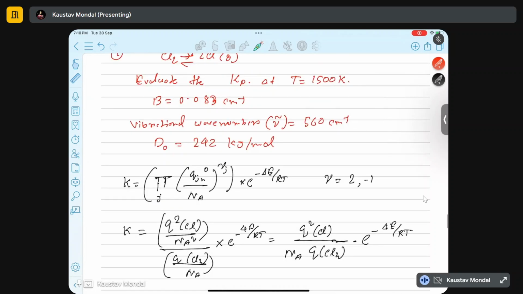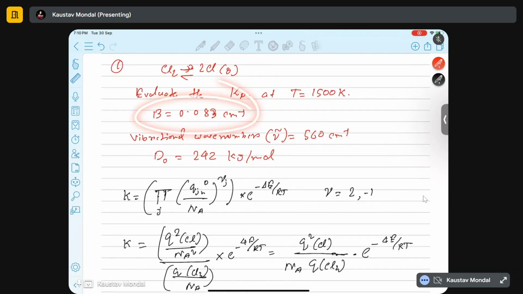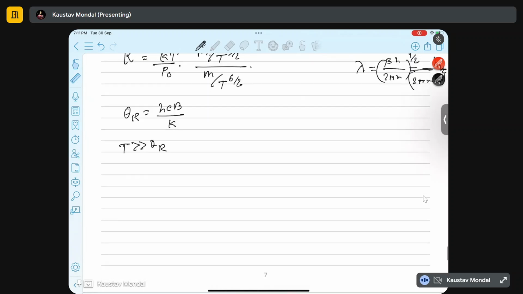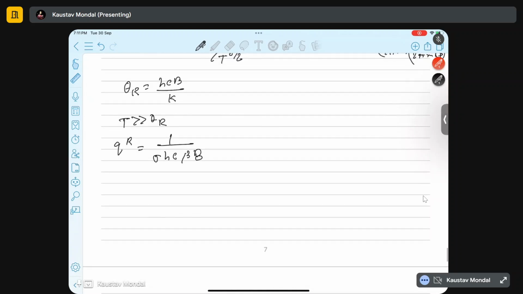So using B, you have to calculate the value of theta R, and if T is much greater than theta R, we can simply use the simplified expression of QR, where QR equals 1 by sigma hc beta B. Now here, since it's a homonuclear case, sigma will be 2, right?